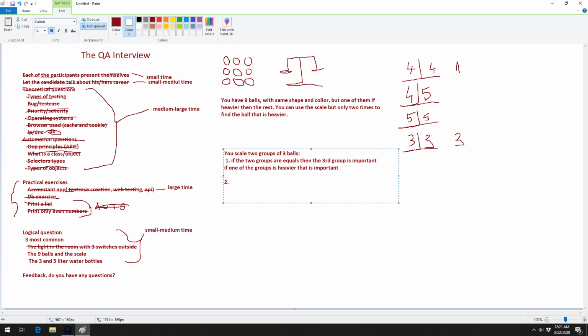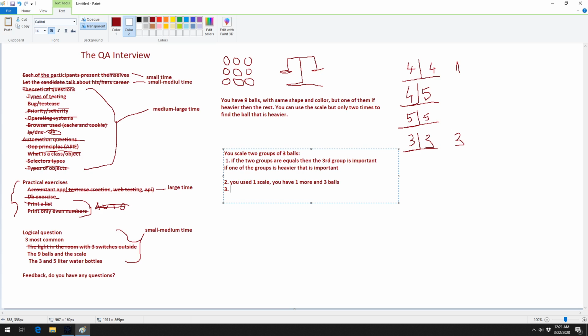And step number 2, now we have a group of 3 balls that contain the heavier ball, and you already have used one scale. You have one more and 3 balls.